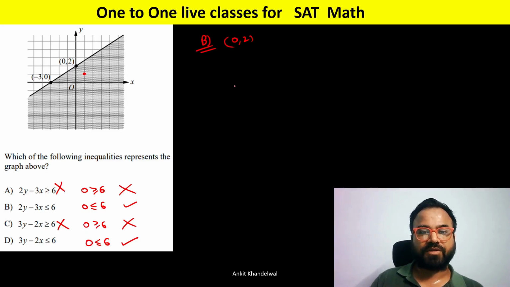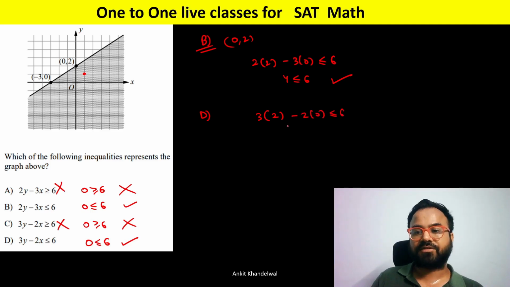So if you put x is 0 and y is 2, 4 is less than equal to 6. This is true. And if you look at option D, if you put 0 comma 2, so here we will be putting 2, and this is 0, 6 is less than equal to 6. This is also true. So now how can you eliminate this?